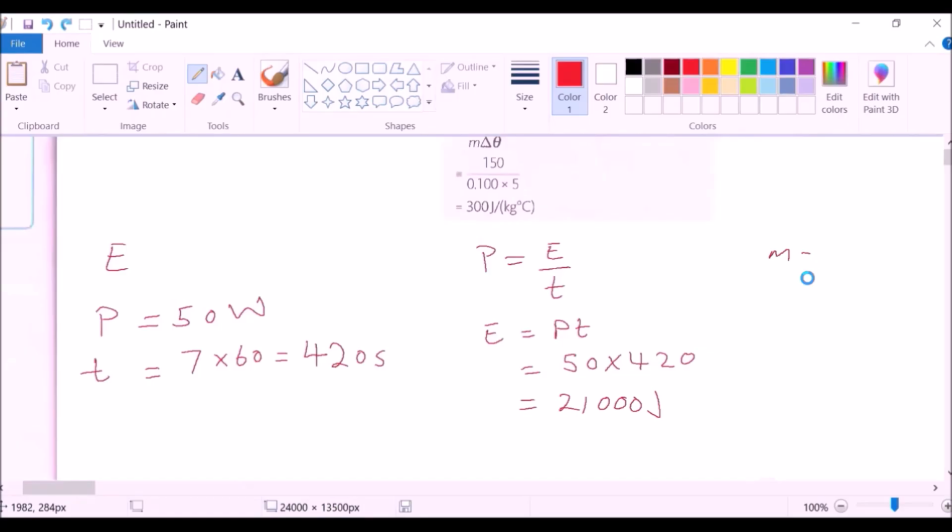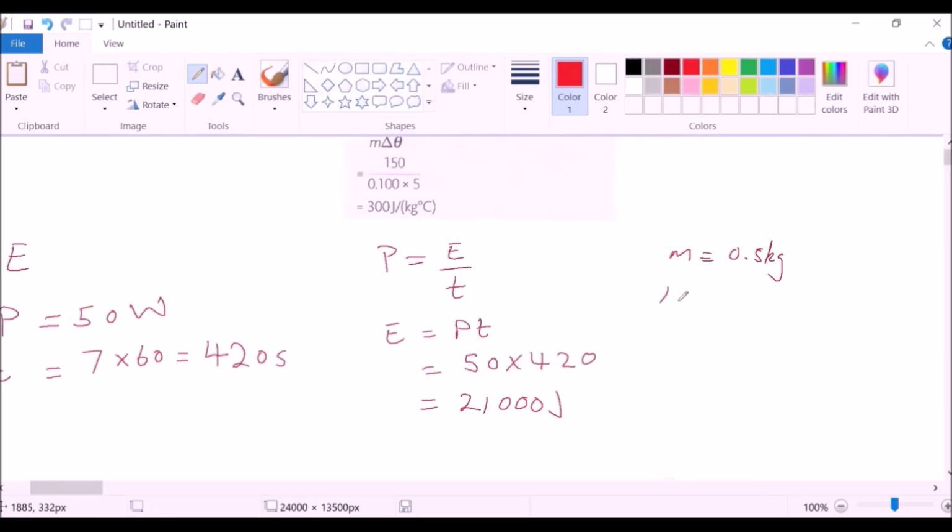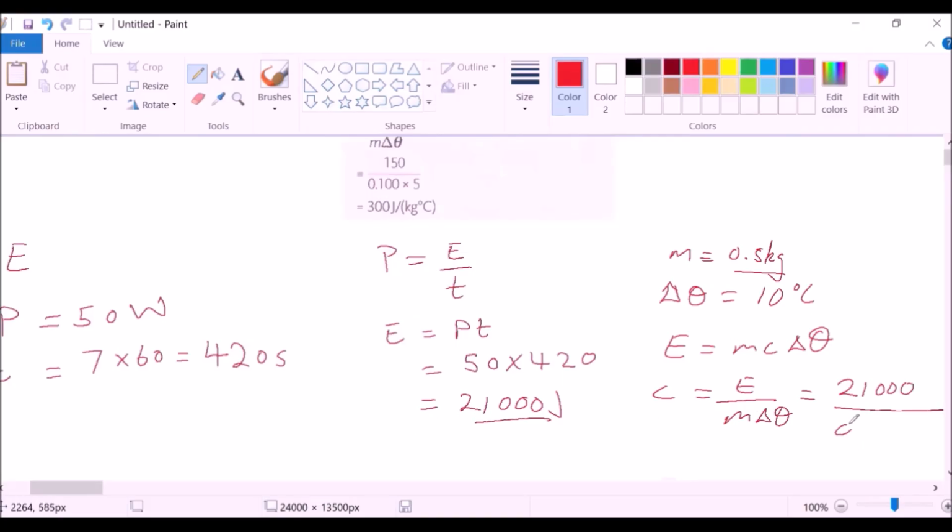Now we know the mass of the water is 0.5 kg and the change in temperature is 10 degrees Celsius. So from E is equal to mc delta theta, we can rearrange the equation to C is equal to E over m delta theta, which is 21,000 for our energy, over mass, which is 0.5, times delta theta, which is 10 degrees Celsius.